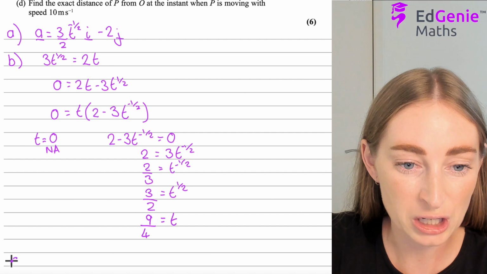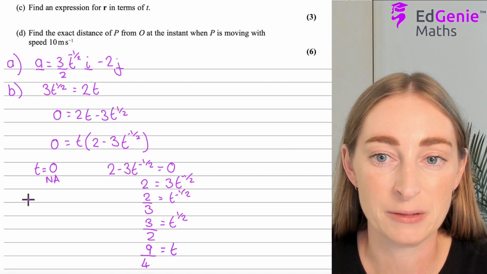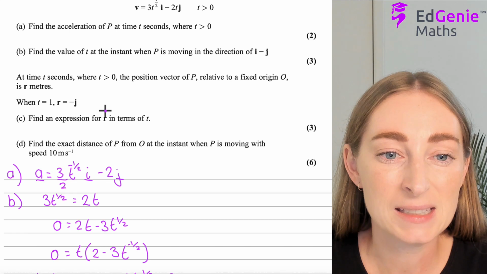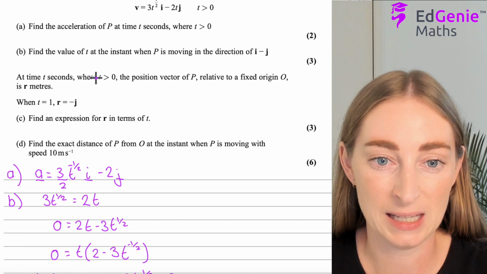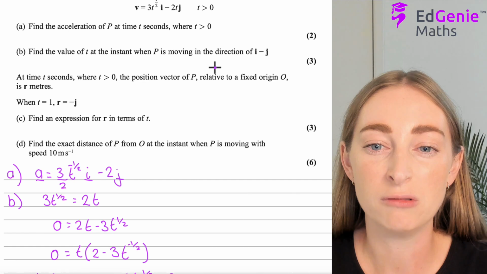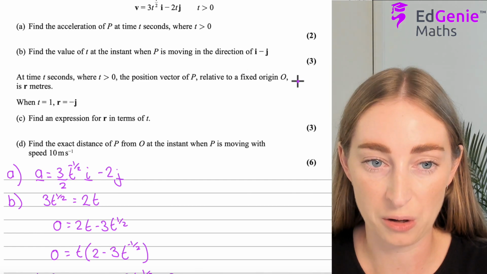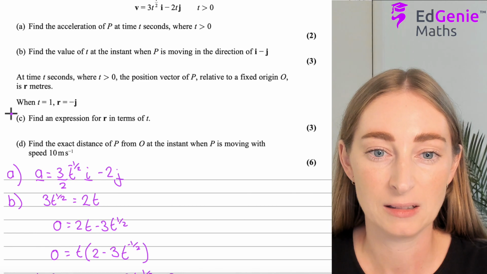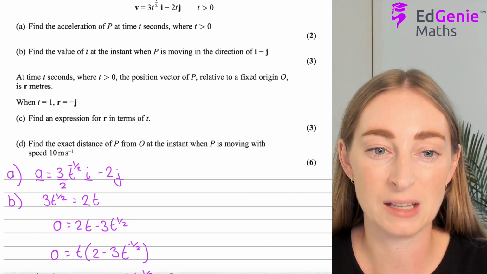And question C, let's go and have a read. 3 marks for this question. At time t seconds, where t is greater than 0, the position vector of P relative to the fixed origin O is r meters.